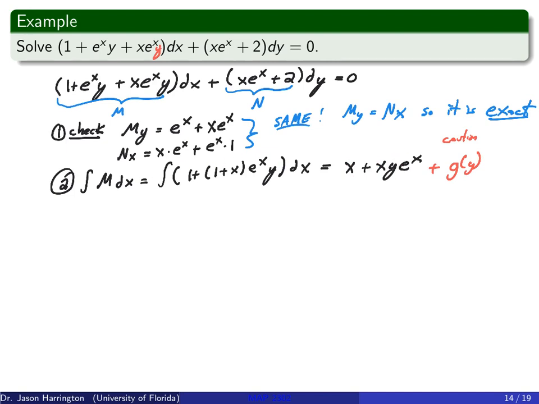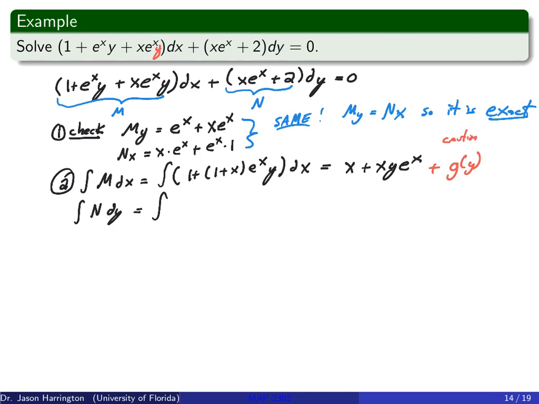Now, as a little trade secret, I did do this integration. I just didn't have enough space to put it on my page. But basically, I would expand it out actually. That might make it a little bit easier to integrate. Now, if I integrate with respect to y, here's what I have.